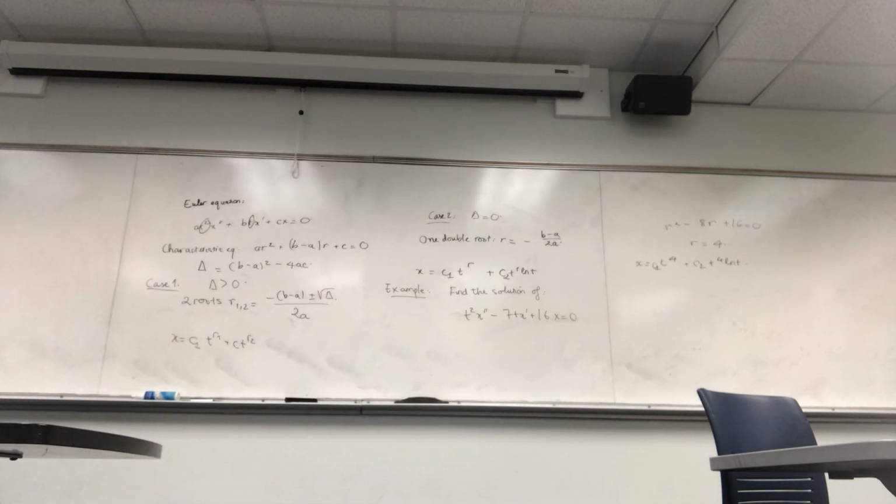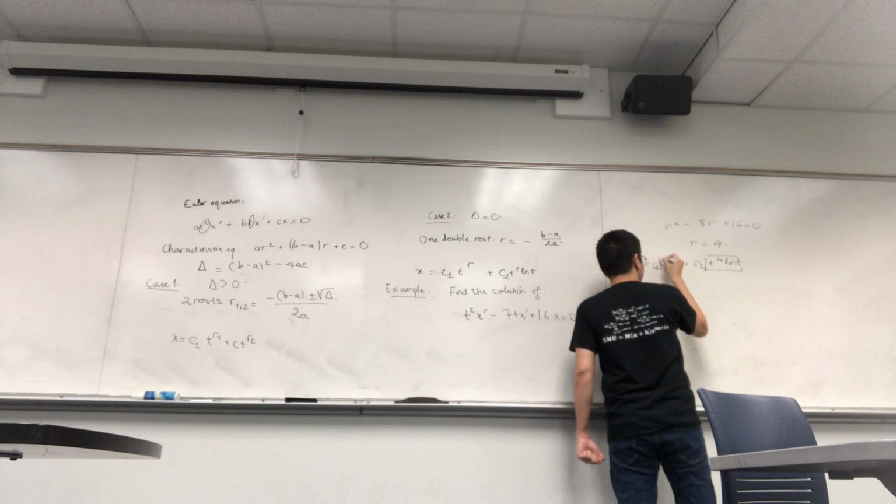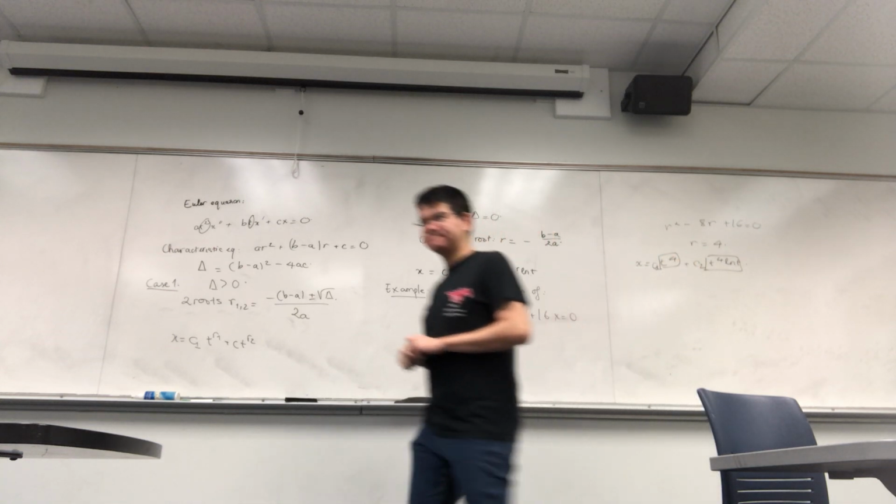So in the previous class, I gave you a hint of how to find the second solution, given that you know the first solution. What is the method that you can use to find the second solution, t to the 4 log t, when you already know the first solution?